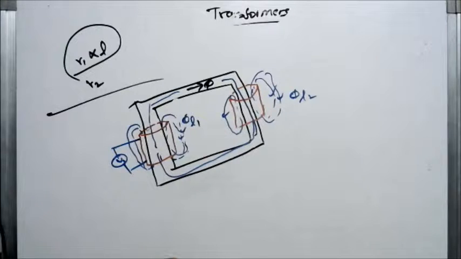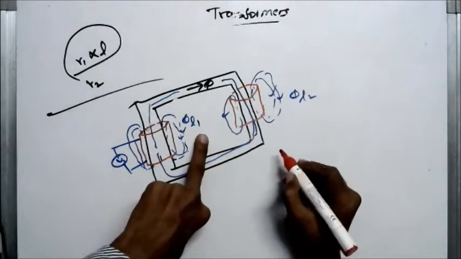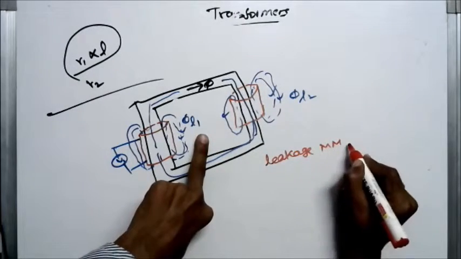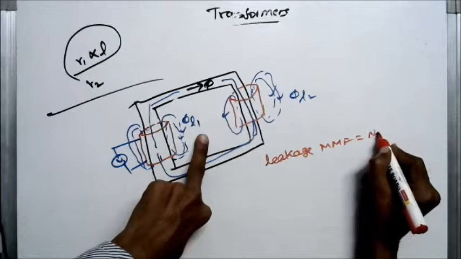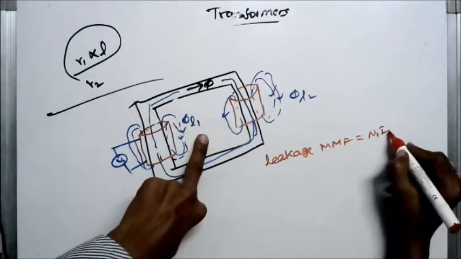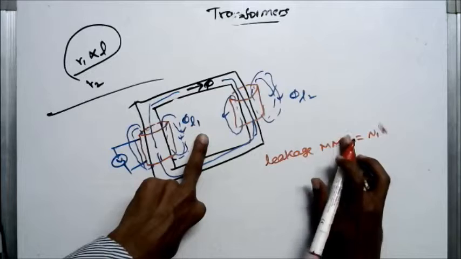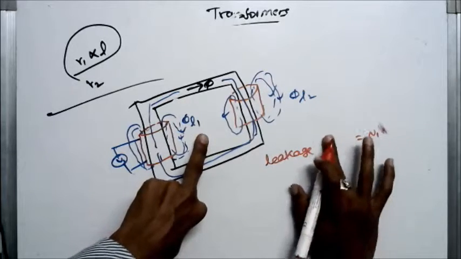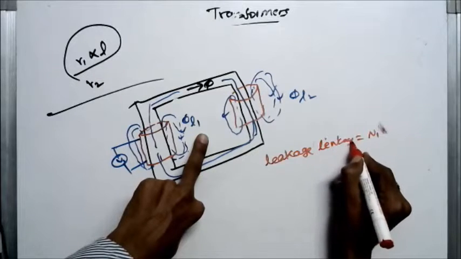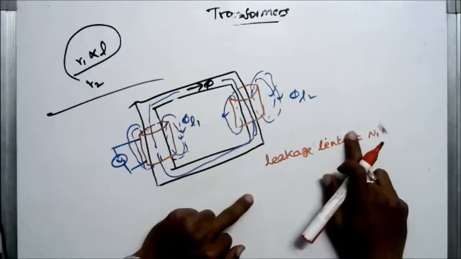So leakage MMF, can I write leakage MMF is equal to N1 into I1 or IL1, not. So leakage linkages, meaning flux linkages, I will write it in this way.